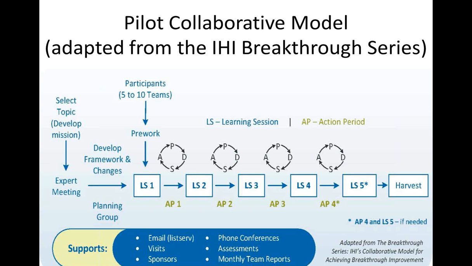When we move past the pilot phase, collaboratives can hold 20 teams, 50 teams, 100 teams. They can even go larger. So collaboratives have the potential to have real breakthrough improvement because they scale to a very large level. They don't start at that level. They start in a pilot, and that's where we've been working, and that's the picture I'm showing you now.